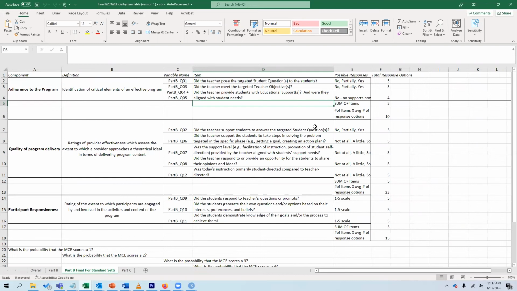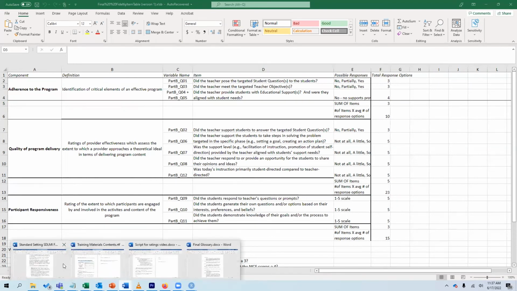So what do I mean by that? Well, let me go ahead and pull up the actual measure because it's probably easier and more familiar to people if I do that. So blow this up.